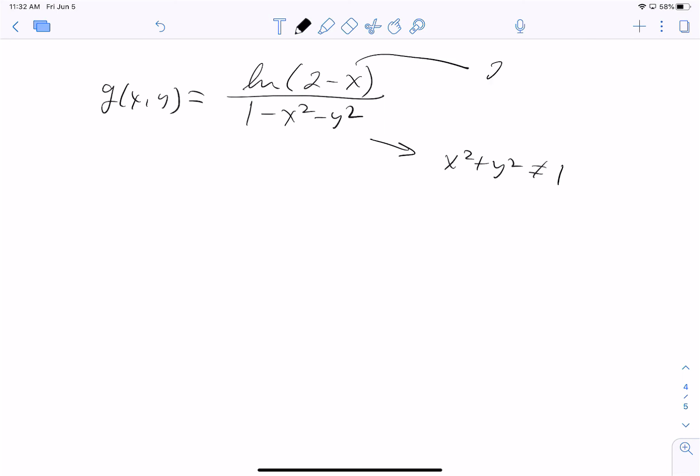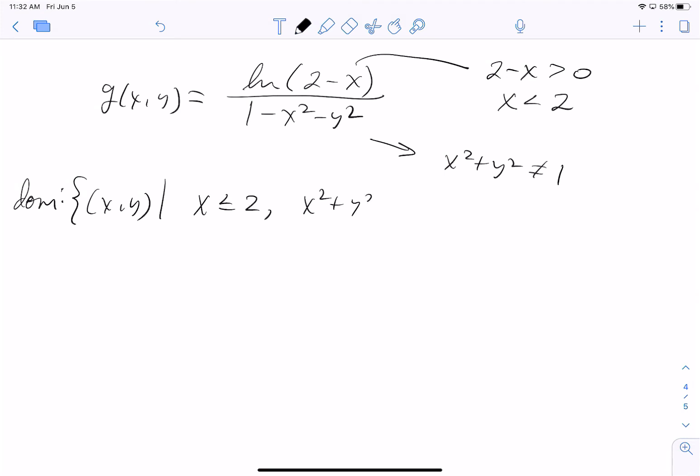And so 2 minus x has to be greater than 0, or x has to be less than 2. We need to incorporate both of these. So we'll say that the domain is the set of ordered pairs xy such that x is less than 2, comma, x squared plus y squared does not equal 1.